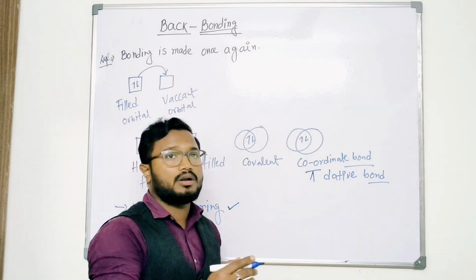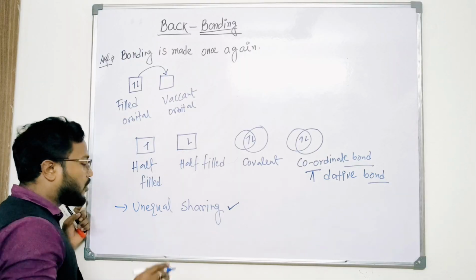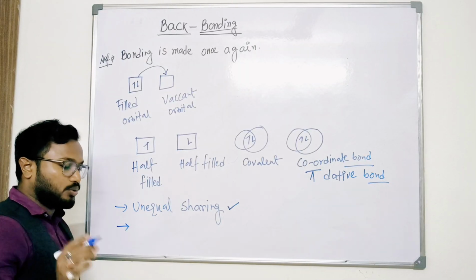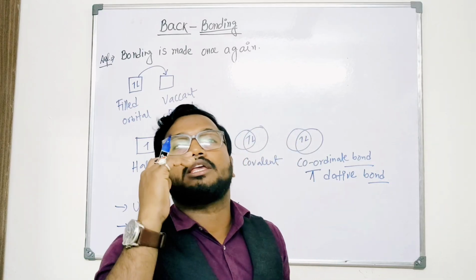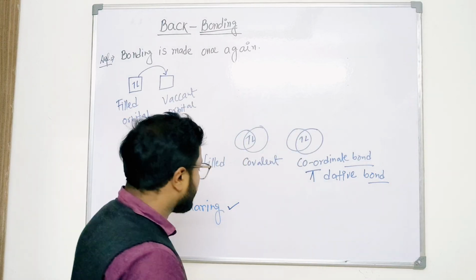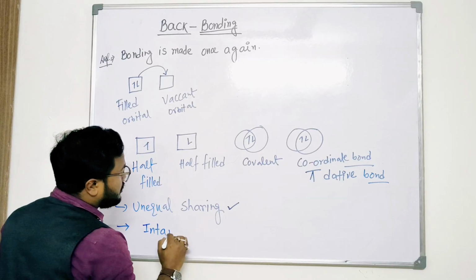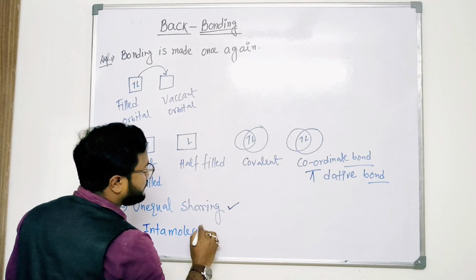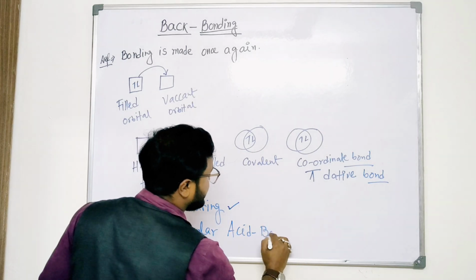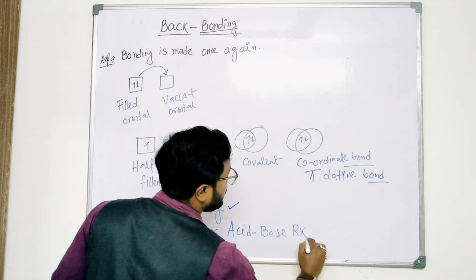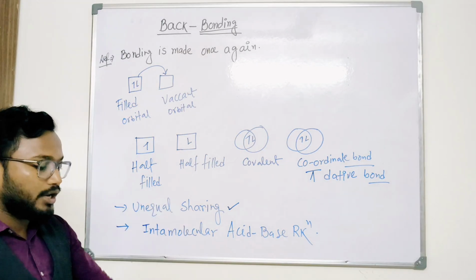This type of bond is formed within a molecule by an intramolecular acid-base reaction. So by intramolecular acid-base reaction, back bonding is formed.